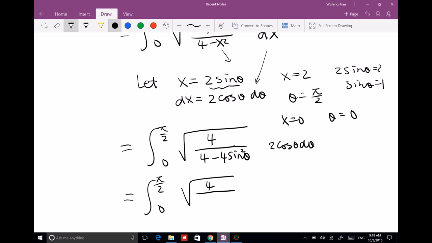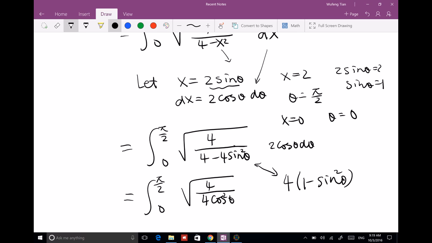Just simplify that. Okay, it's 4 cosine squared theta. Thank you, Lacey. Right, if you factor 4 out, it's 4 times 1 minus sine theta squared, so it's 4 cosine theta squared here.